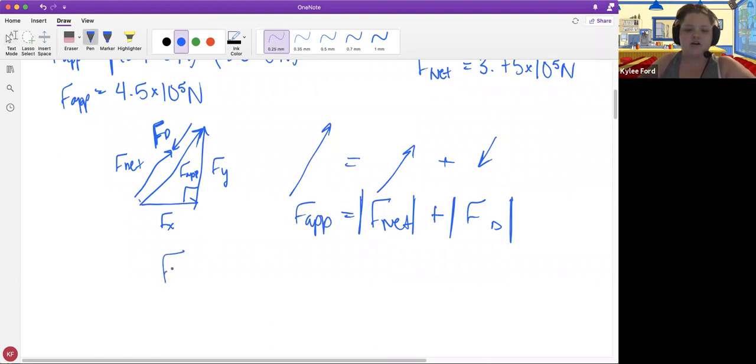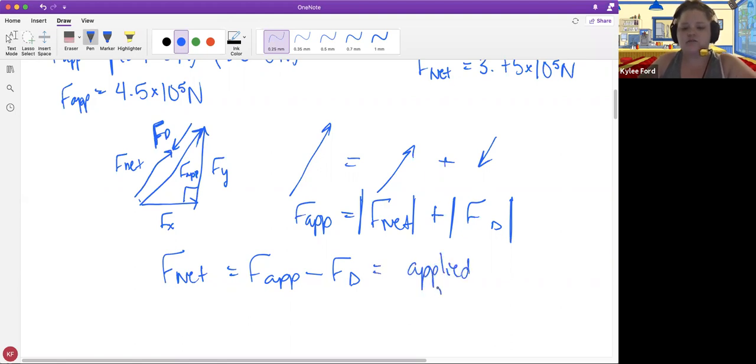I would say that our F net, or our overall force, is going to be that applied force minus our F sub D, our drag force. Think about it, our drag force is trying to push against that barge from being moved in one direction.